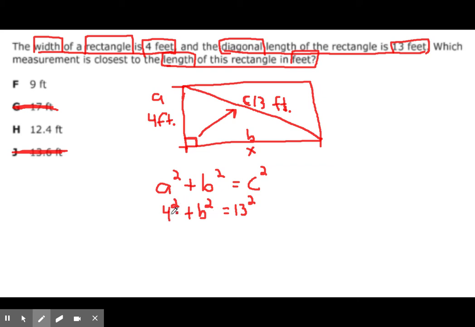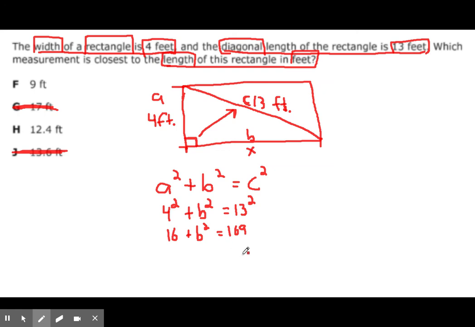Now let's do a little bit of math. Let's go ahead and square this 4. So 4 squared gives us 16 plus B squared, which we leave because we don't know what B is yet. We can't square it if we don't know what it is. But I can do 13 squared, or 13 times 13, we get 169.